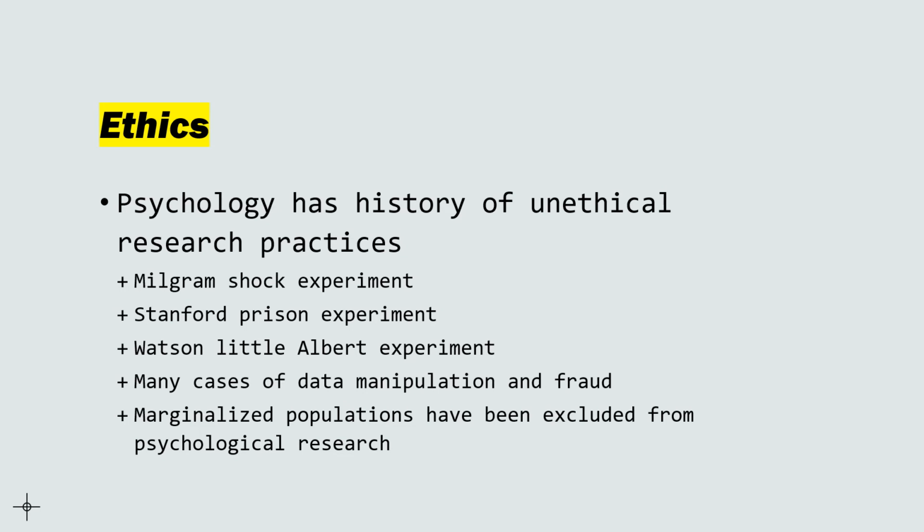Now, obviously there's a lot of deception going on here, right? The participant thinks that this confederate is really getting shocked when they're not. The participant also thinks that the study's about memory or something. They have no idea what the psychologist is actually looking at. And it's a very traumatic experience, right?